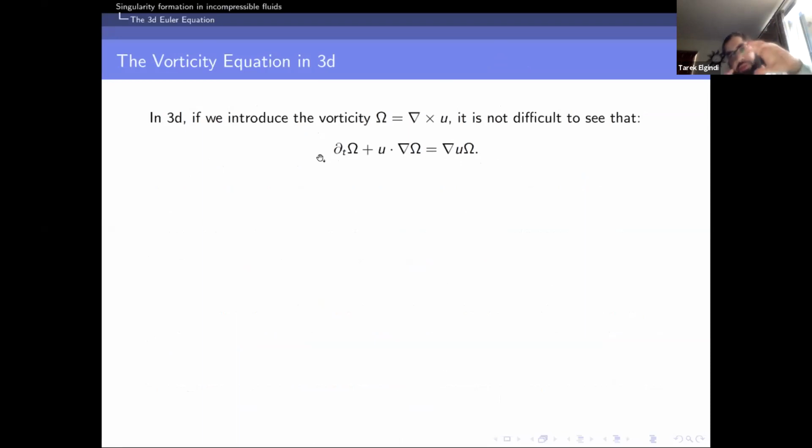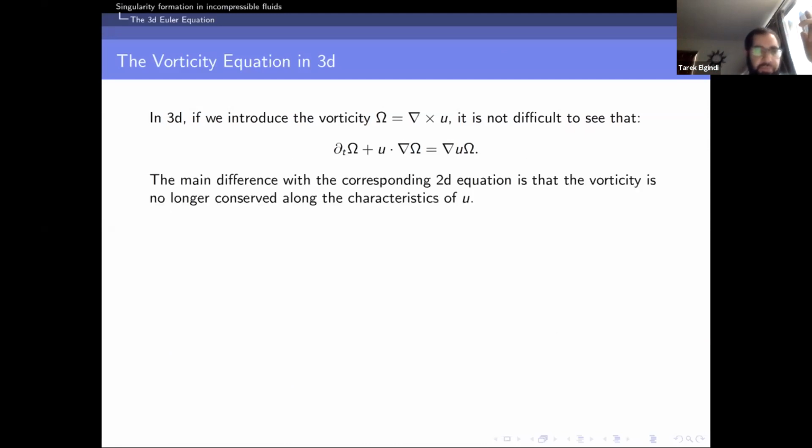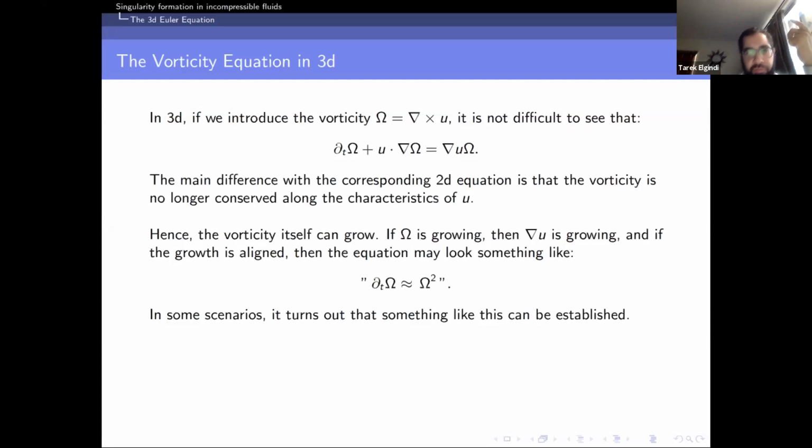Now everything that was true about the gradient of vorticity in 2D basically becomes true about the vorticity itself in 3D. And this is the main difference. The vorticity equation is not just conservative now in 3D. Capital omega itself can grow, and since capital omega is just the curl of U, the gradient of U is also growing.